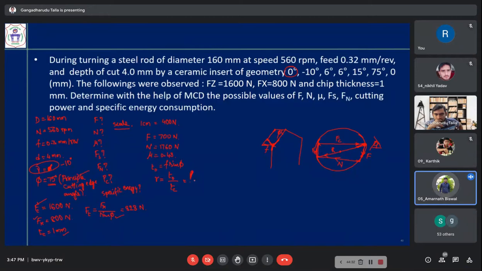So TO is 0.309. That is R, because TC is 1 only. So 0.309.